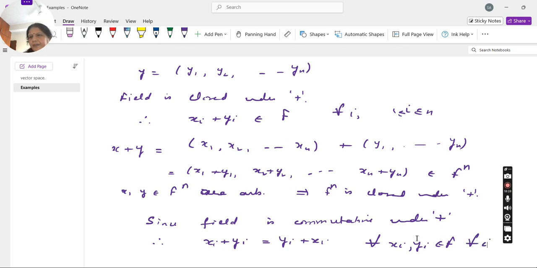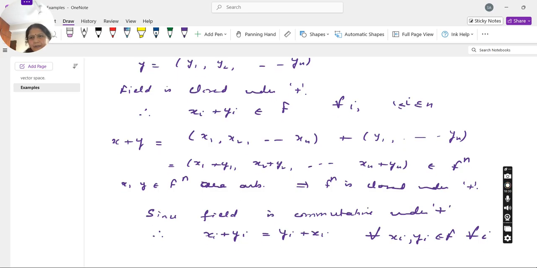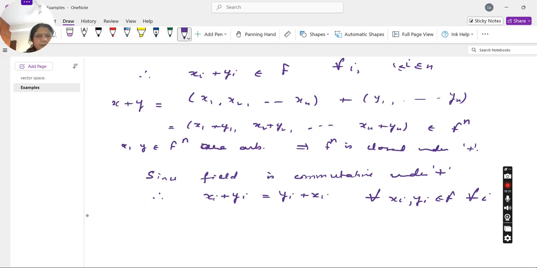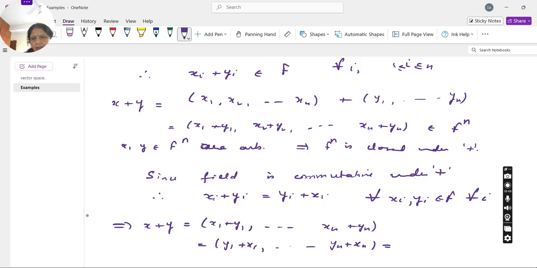So this gives us that x plus y, which is (x1 plus y1, ..., xn plus yn), is equal to (y1 plus x1, ..., yn plus xn), which is further written as (y1, ..., yn) plus (x1, ..., xn).